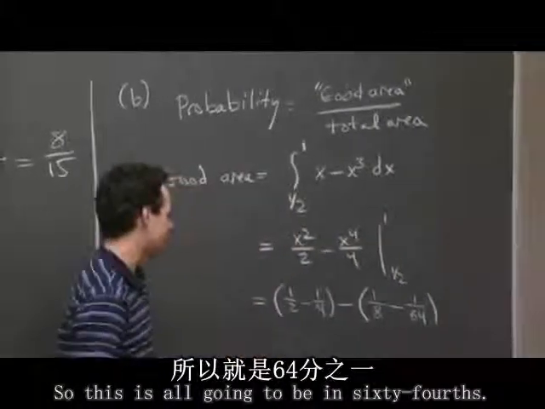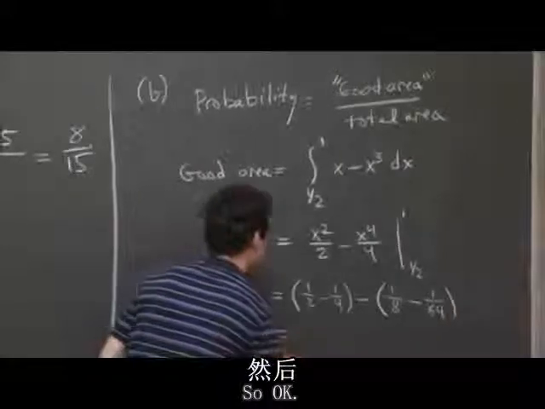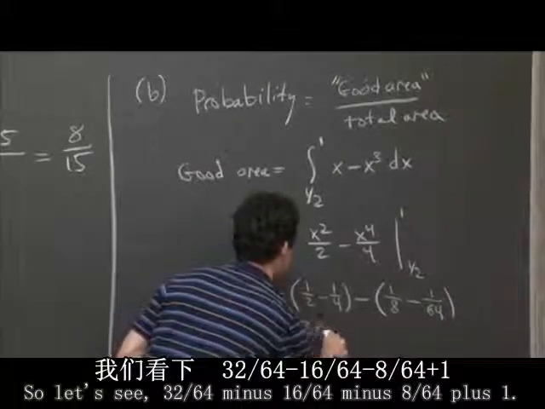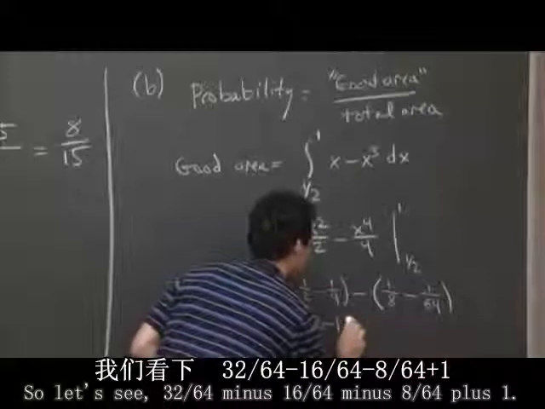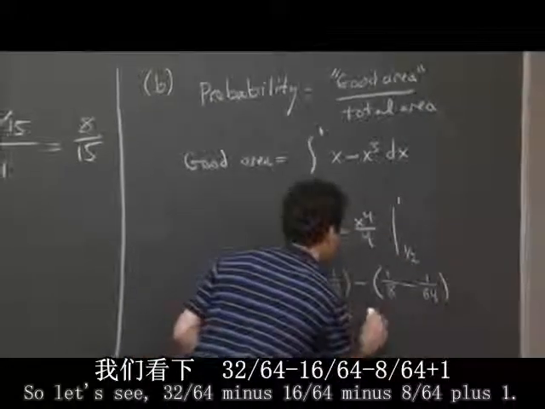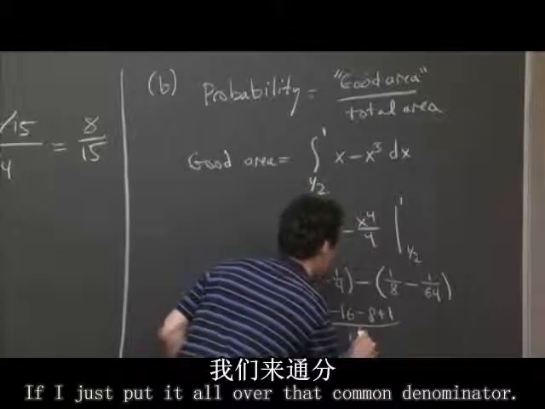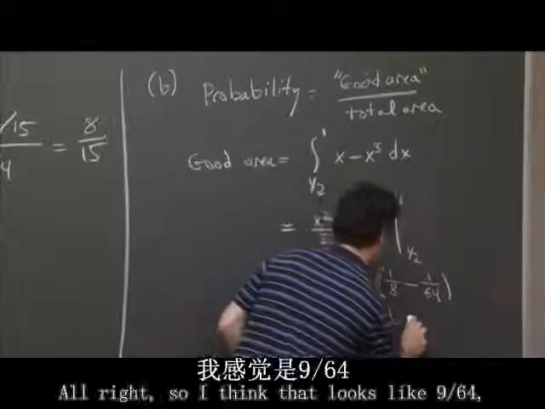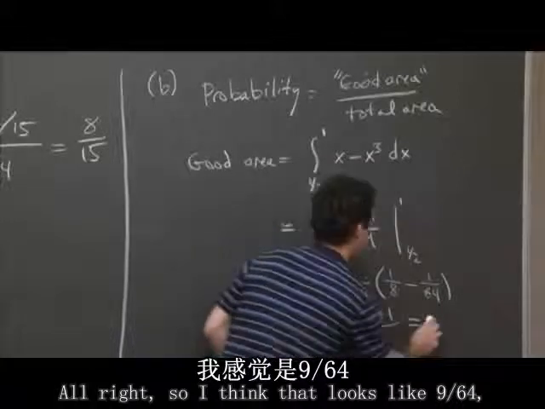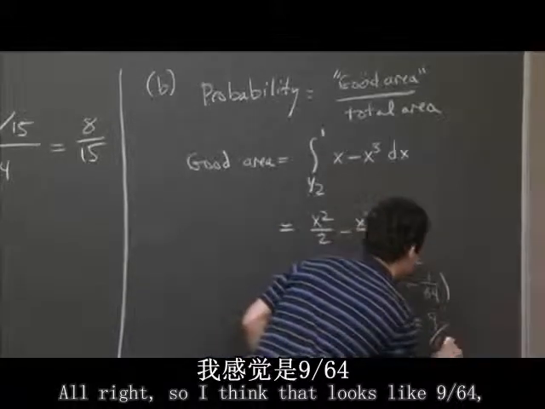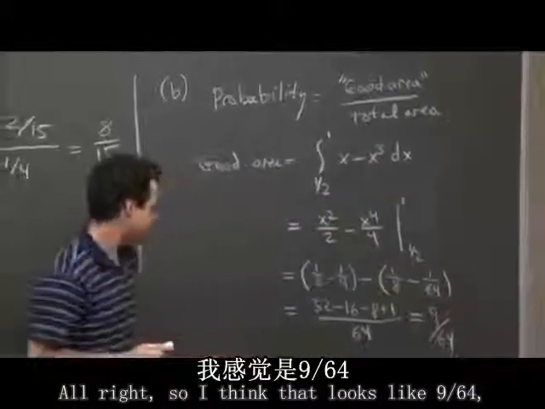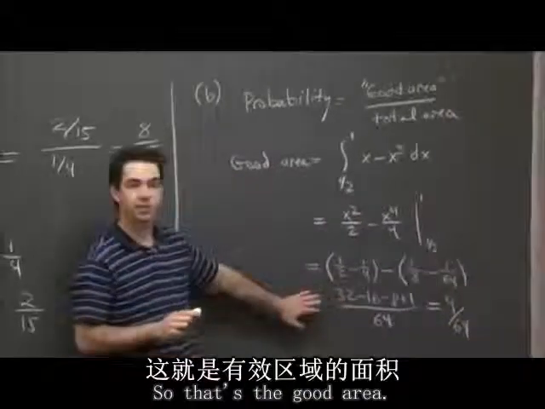So this is all going to be in 64ths. So 32 64ths minus 16 64ths minus 8 64ths plus 1, if I just put it all over that common denominator. All right, so I think that looks like 9 64ths, if I did that right. So that's the good area.